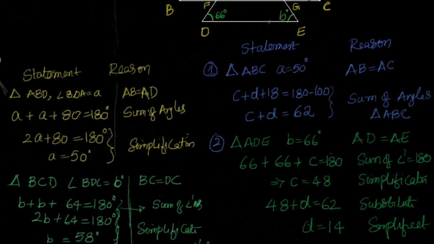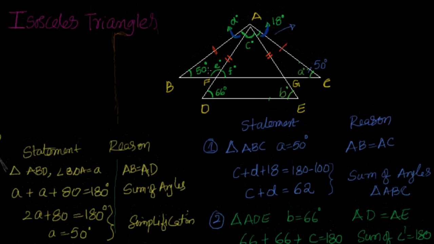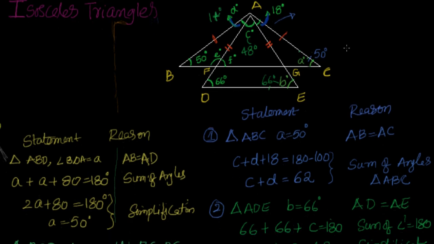Okay, right. Now, we got A, we got B equal to 66, we got C equal to 48, we got D equal to 14. What else do we need to do? We need to find out E and F.